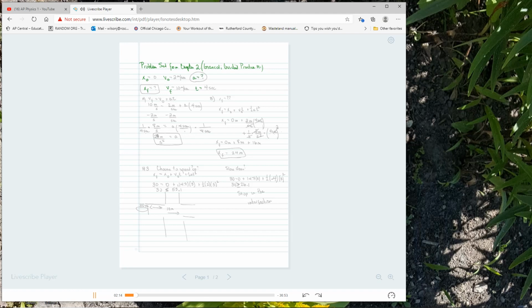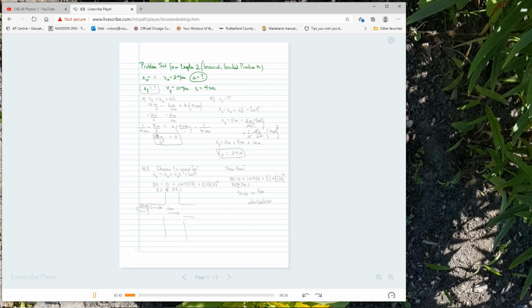So I don't know acceleration, and they asked me to find it. The time was 4 seconds? 4 seconds. Okay, and then they tell me it accelerates from 2 meters a second to 10 meters per second. So that would be my starting velocity, 2 meters per second. My ending velocity.